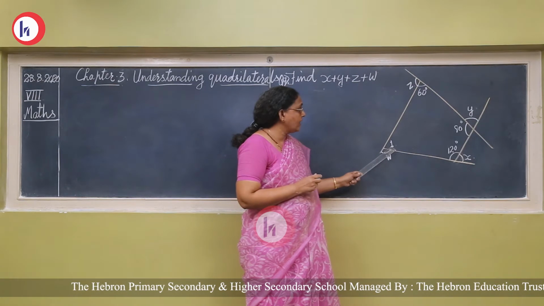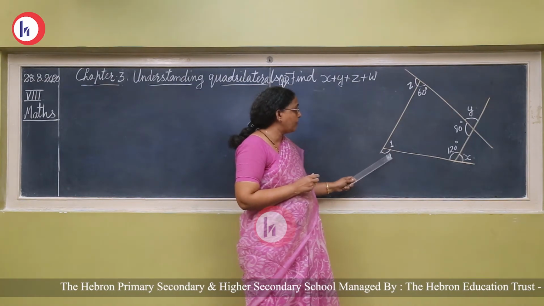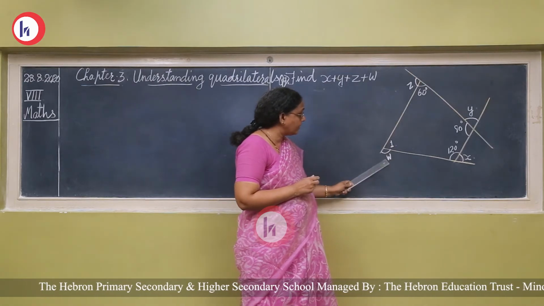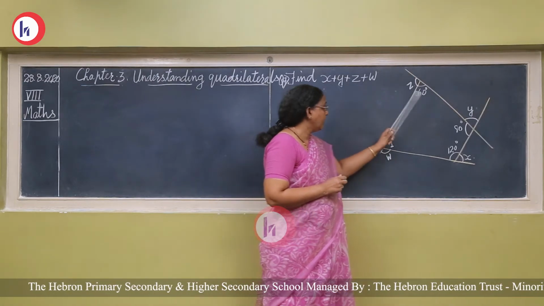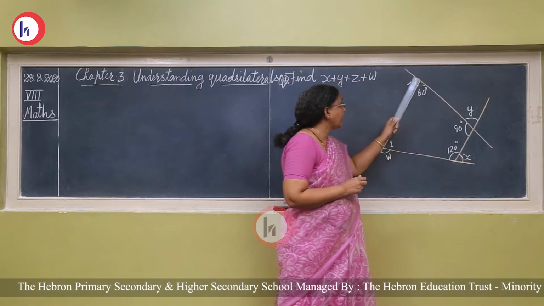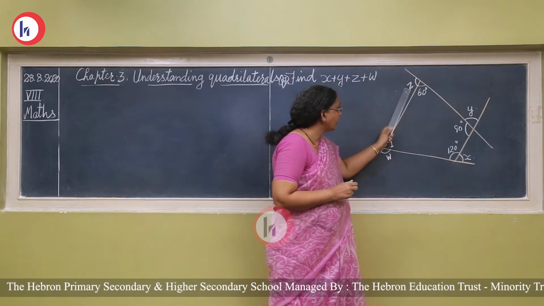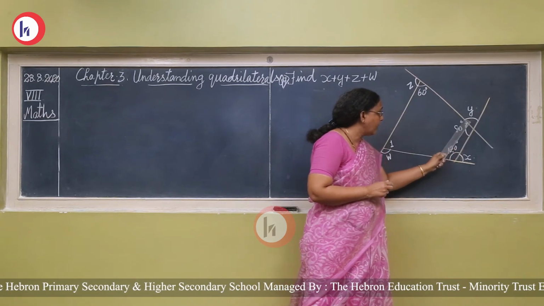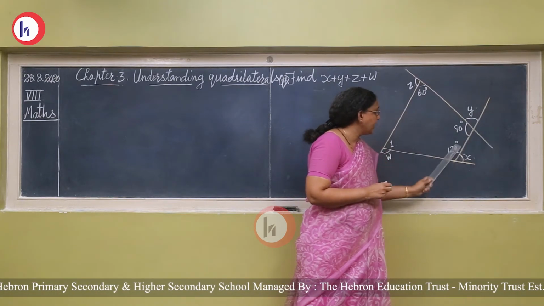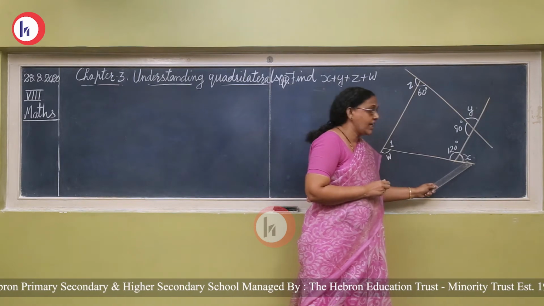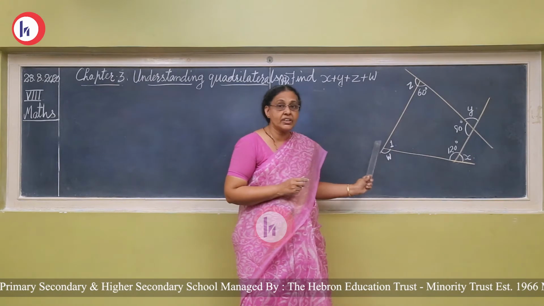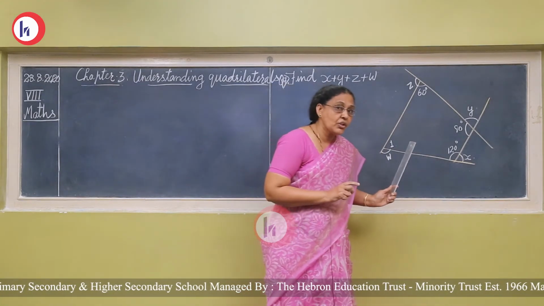Once you get angle 1, W can be easily found because angle 1 is linear with angle W. The 60 degree angle is a linear pair with angle Z, the 80 degree angle is a linear pair with angle Y, and 120 degree is a linear pair with x.